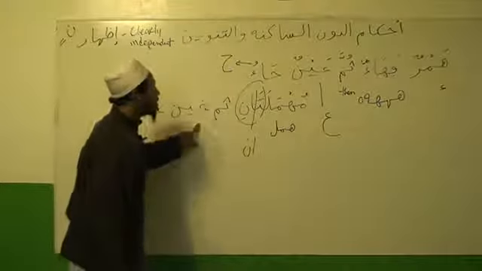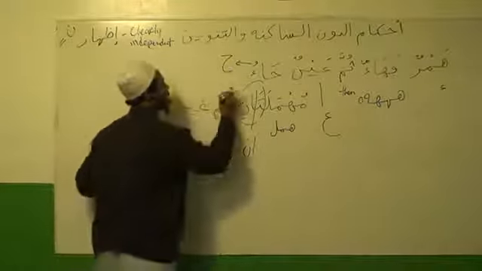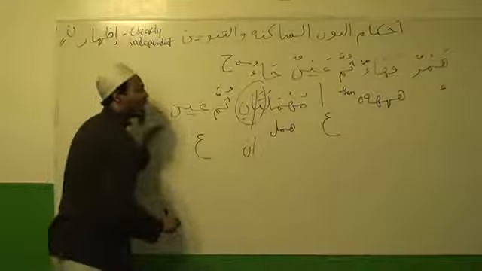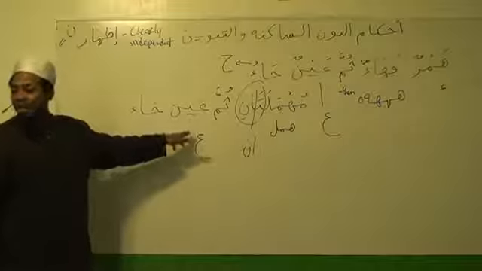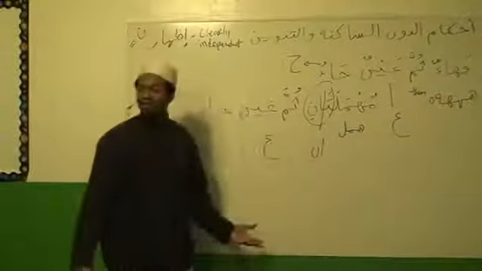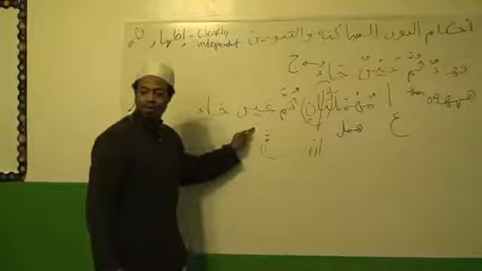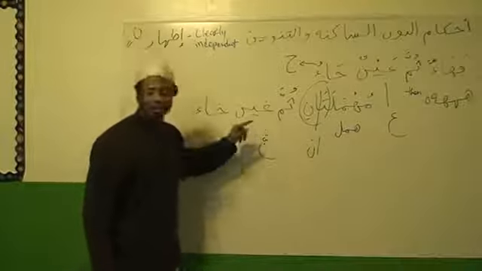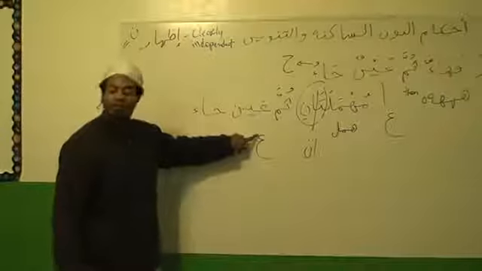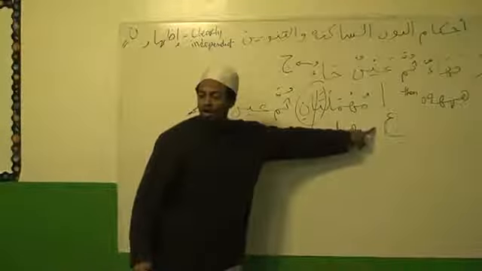Because ghayn, said thumma, then ghayn is considered aynun bin nuqta. You know what I'm saying? It has an ayn with a nuqta, which is just ghayn. The nuqta is the diacritical mark. So it's not muhmal. It's not left alone. It has something over it. But this one is left alone.